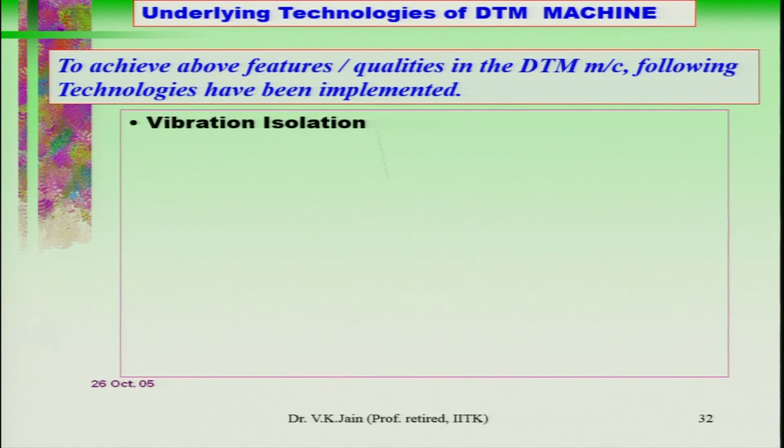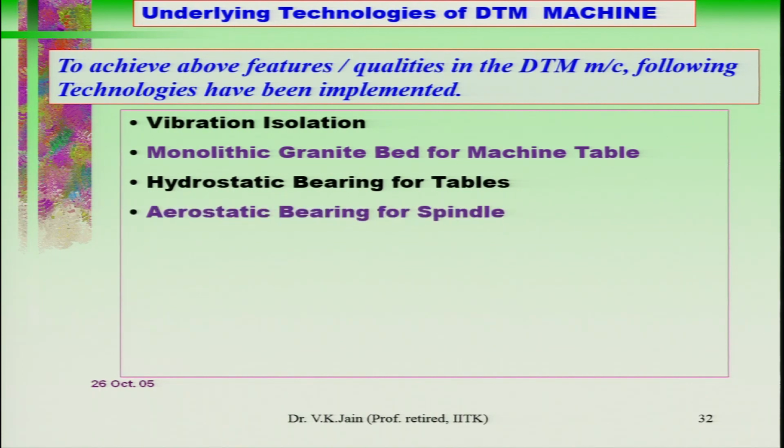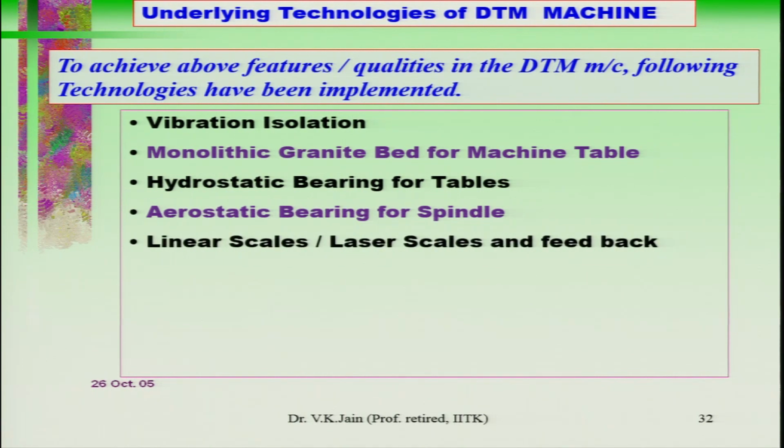Vibration isolators are there, then monolithic granite bed for machine table, because strength of the machine base is very important. So, normally they use monolithic granite bed for that particular purpose. You have hydrostatic bearing for tables, aerostatic bearing for spindle, and then linear scales, laser scales and feedback system.